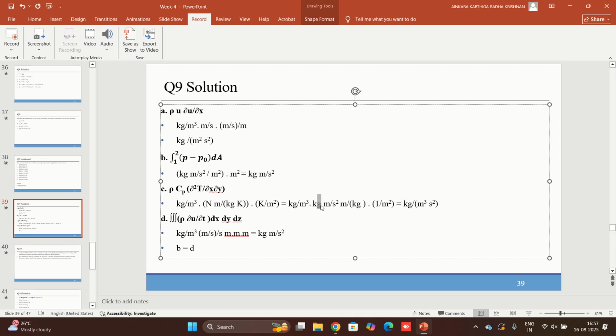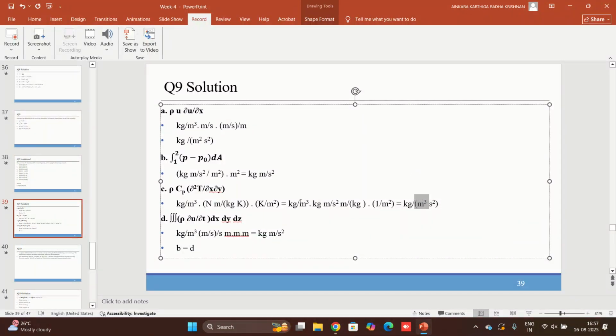So we will have 1 kg, and for meter what we will be having? Meter and this here. So meter square divided by meter, and we have one more meter square. So meter square gets cancelled, and we will be left with meter cube.